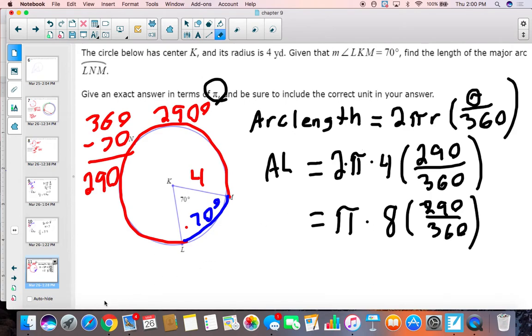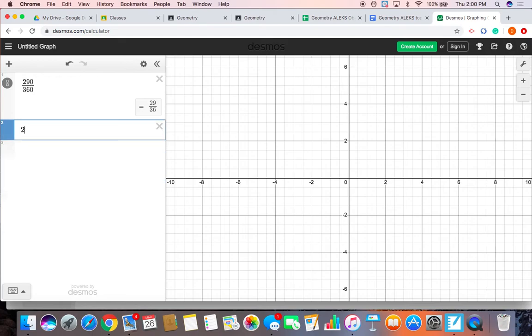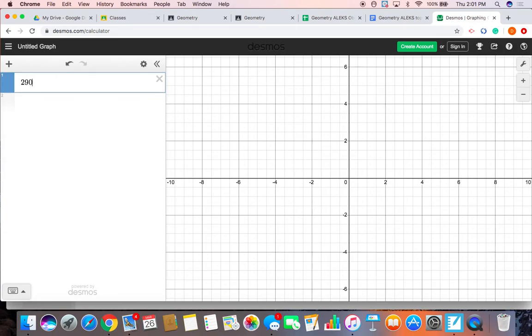And then I'm going to go to Desmos and type in 8 times 290 divided by 360. And we can click over here if we want that answer in fraction form. We know that that is 58 over 9.